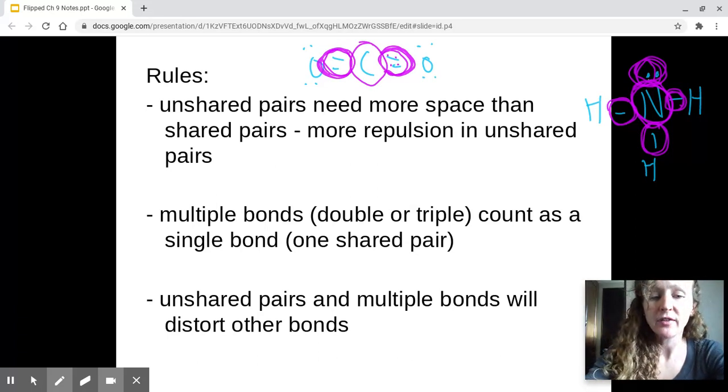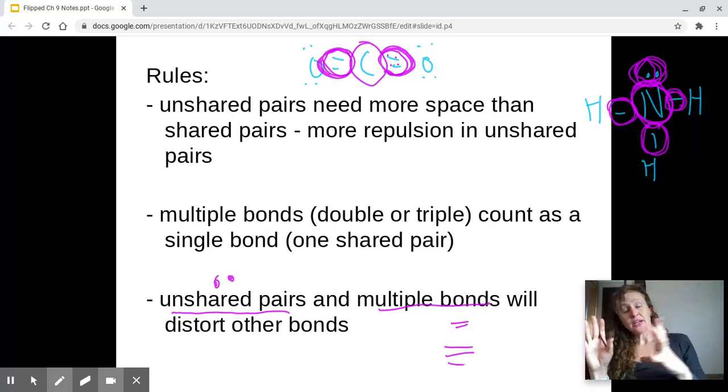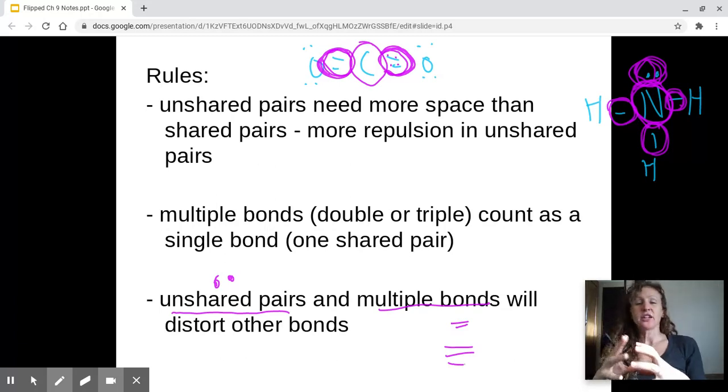If you have an unshared pair, which would be a lone pair, or multiple bonds, double or triple, they're going to count as one effective region, one area that repels, but they're going to distort the shape. So lone pairs count as one repelling region, but they take up more space than a single bond. Same thing with double and triple bonds.